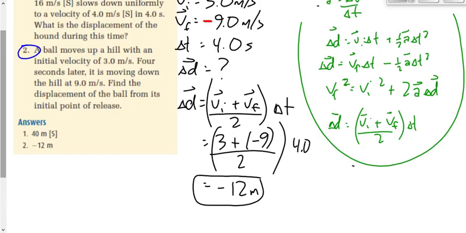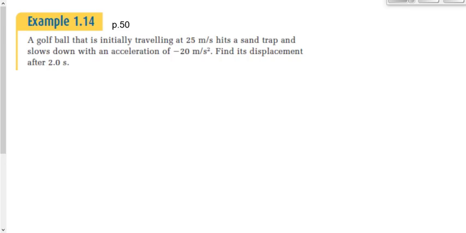Okay, let's do one more example, and then we'll leave it there for today. This one's on page 50. This one says a golf ball that's initially traveling at 25 hits a sand trap and slows down with an acceleration of negative 20. A negative acceleration means slowing down. Find its displacement after 2 seconds.